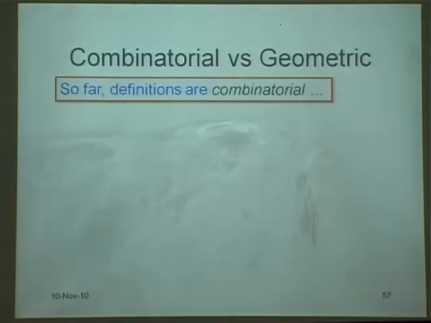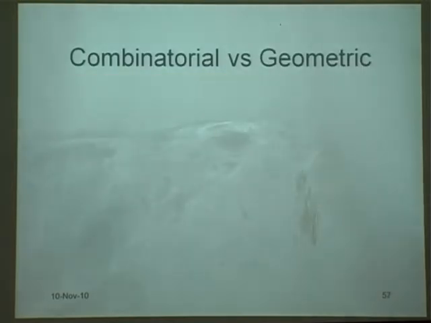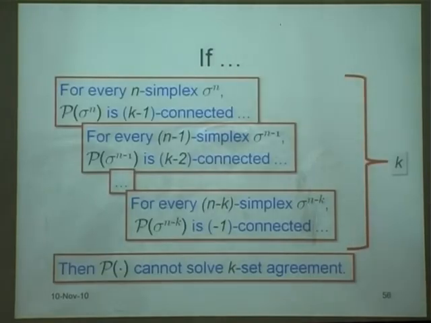Can you go back to this line? Mm-hmm. So just to understand the notions better, why doesn't the first property imply the second? So there's no monotonicity here? Well, imagine this protocol sits there and waits for all the processes to show up before it takes the next step. So in that case, this might be k-1 connected, but this would be empty, because in this protocol, if one process fails, then nobody finishes.